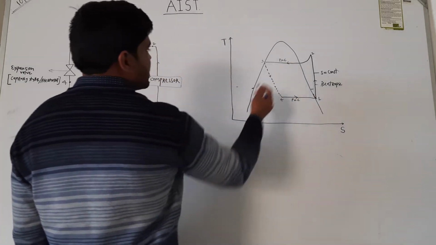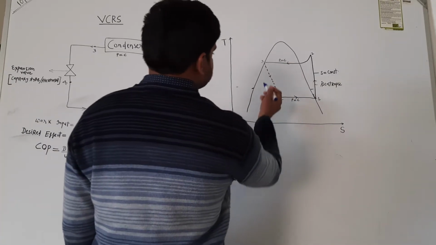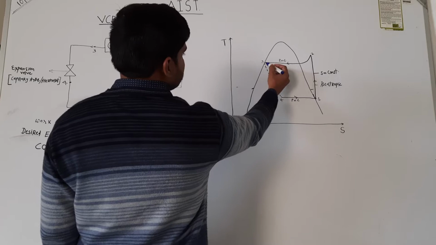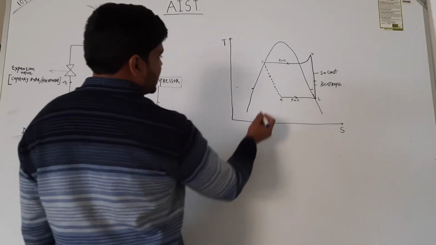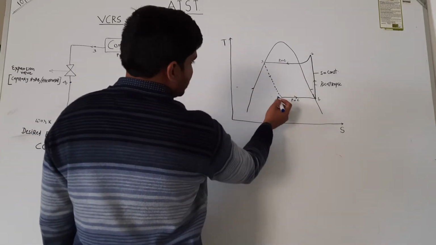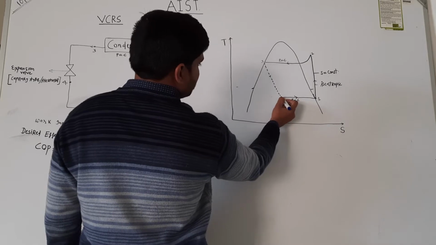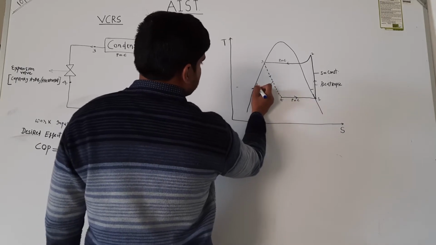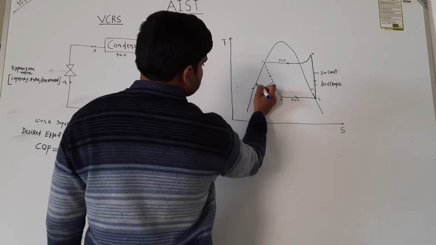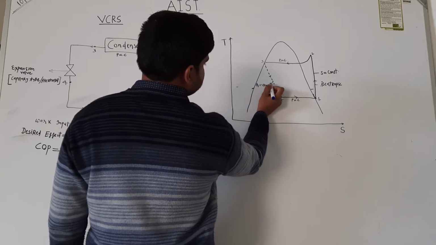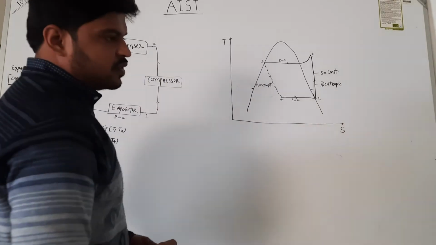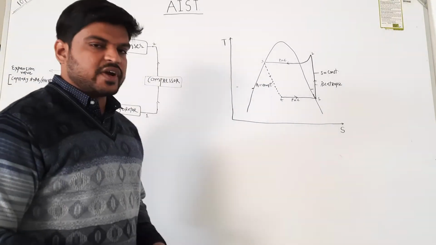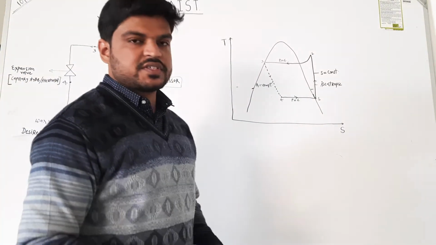So after passing through the condenser, the vapor is converted into the saturated liquid state, and finally it is expanded up to the point 4 in an expansion valve. This is the isenthalpic process, and the enthalpy in this process remains constant. So the motive of our experiment is to find out the coefficient of performance of our system.